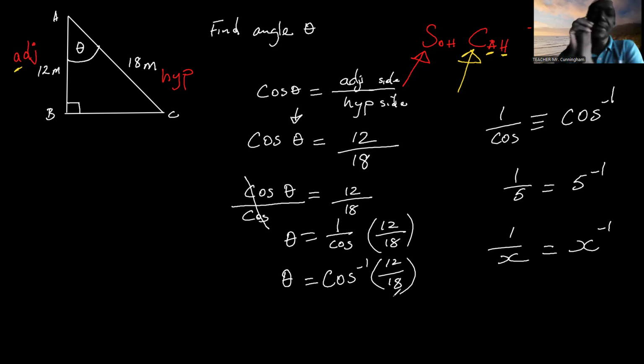Everybody understands that? Yes, sir. All right, so tell me what is the answer. So I get 48.1. One person got 48.1. Jenny, what did you get?